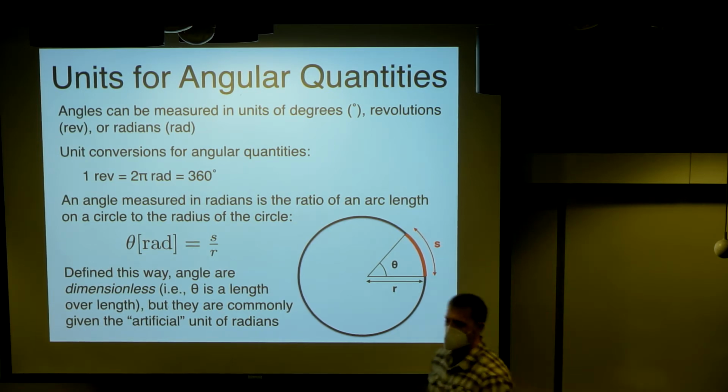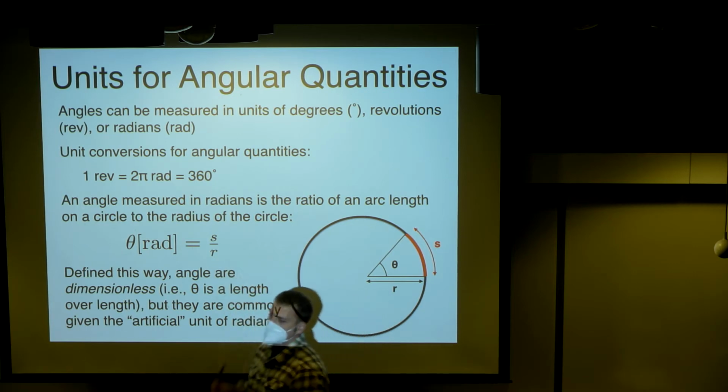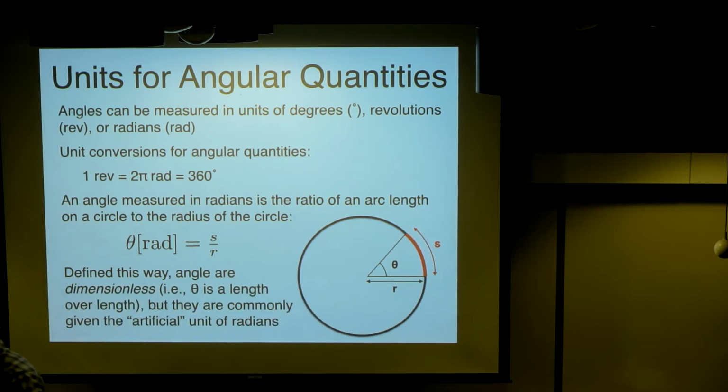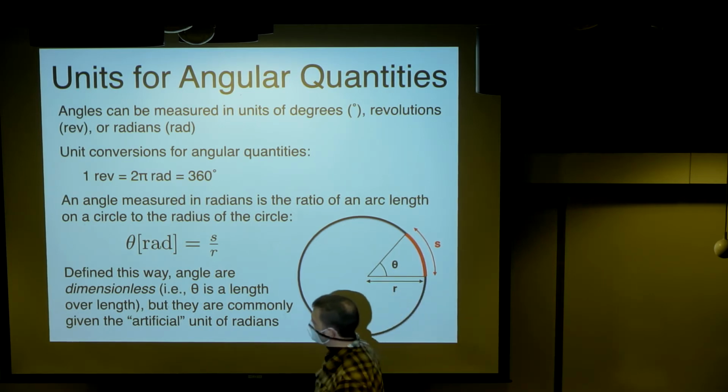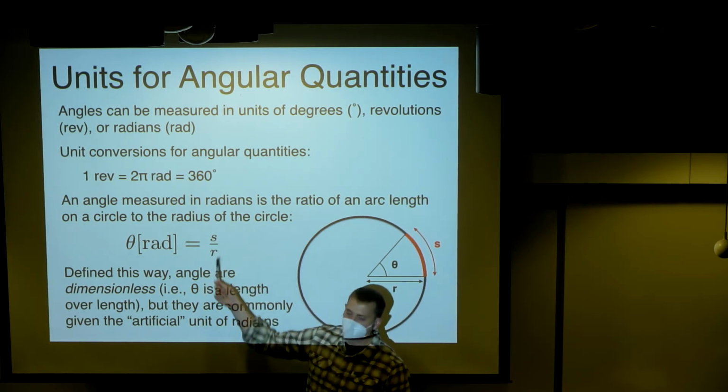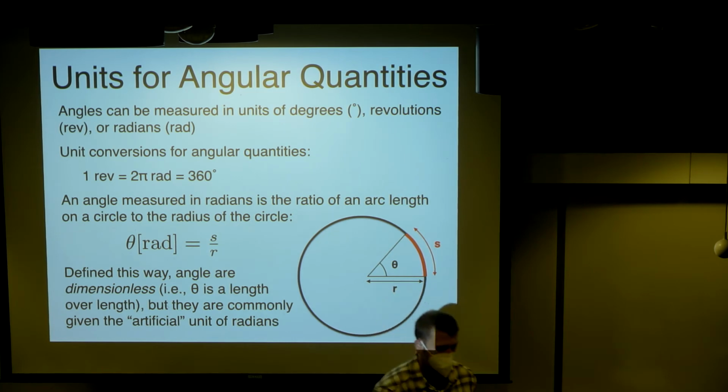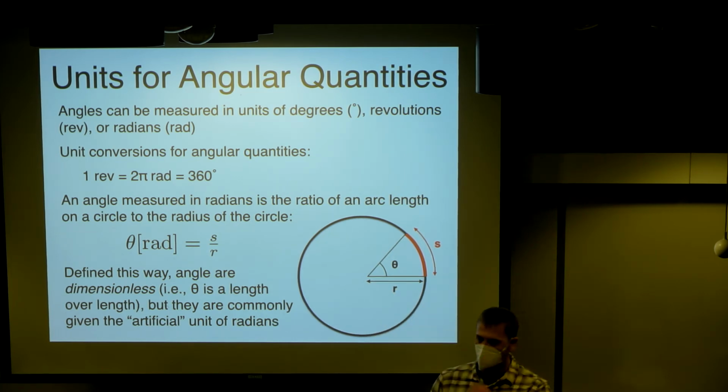So let's actually think about how this works out conventionally speaking, okay? An arc length, well, that's a length, might measure it in meters. The radius, that's another length. You can also measure it in meters. So what happens if I take a length divided by another length? What kind of quantity am I left with? That's called a dimensionless quantity. It's just a pure number, right?